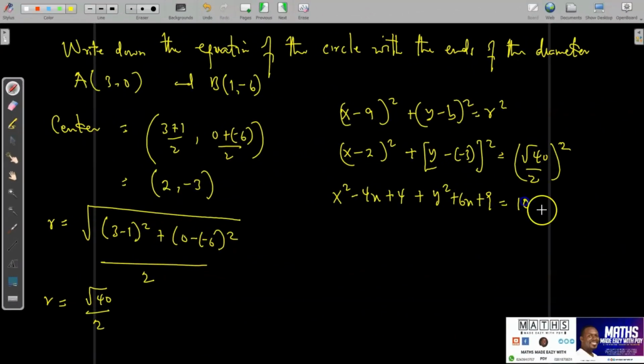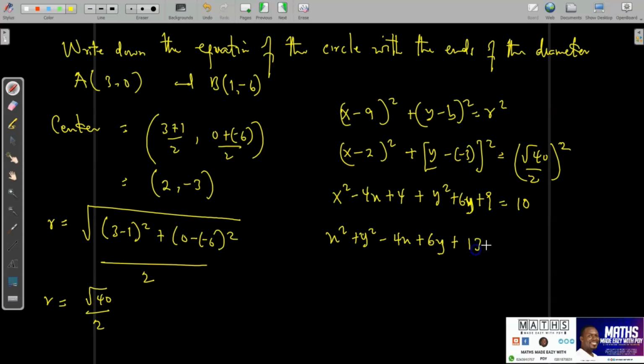That will be 10. Regrouping, we have it as x squared plus y squared minus 4x plus 6y, and then plus 4 plus 9 will give us an answer of 13.